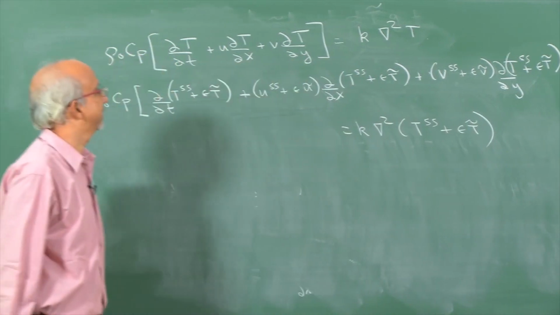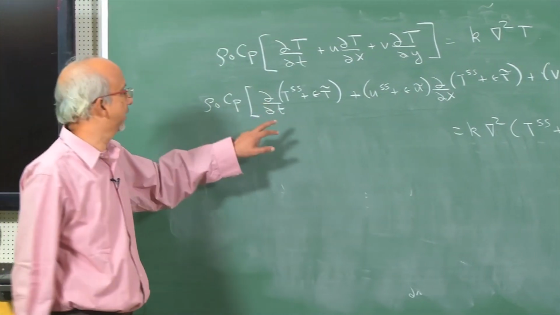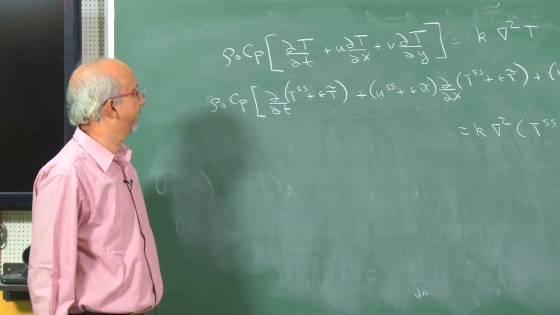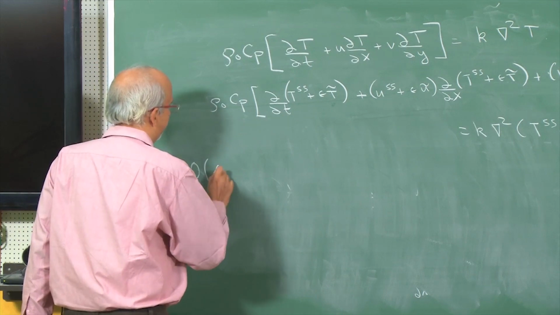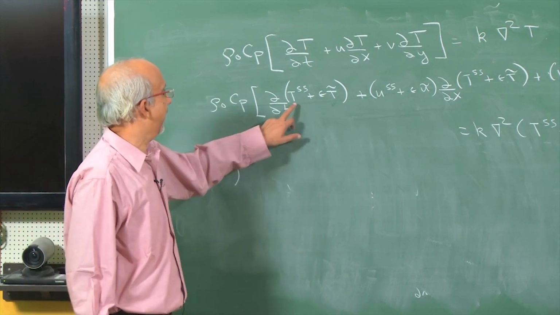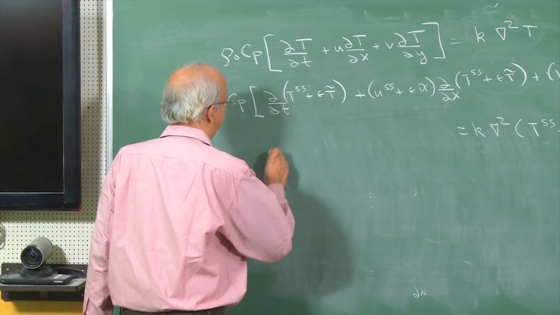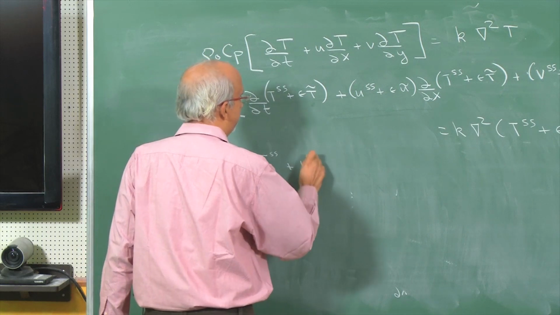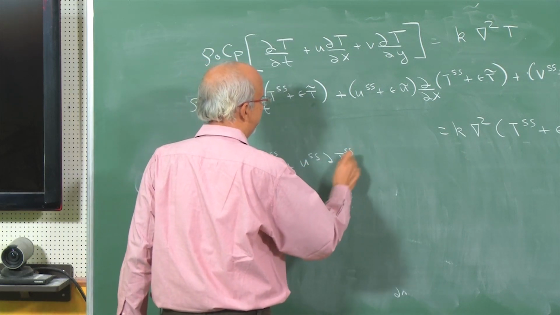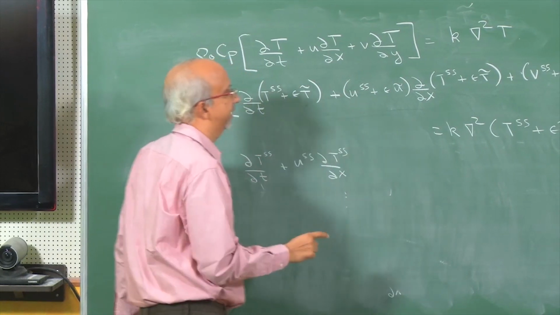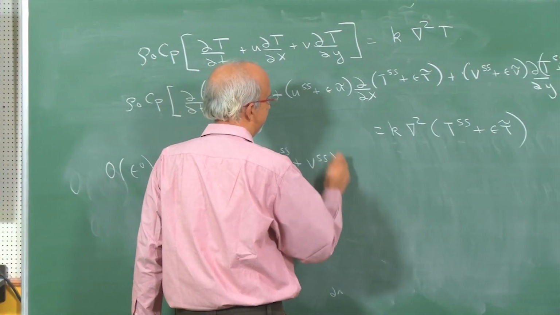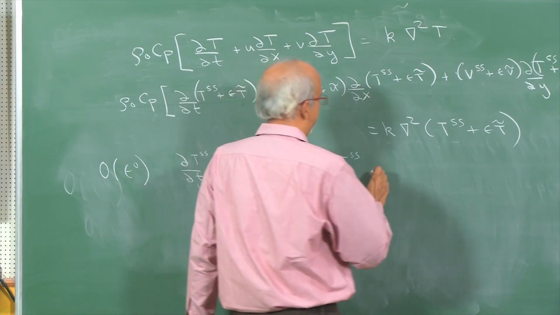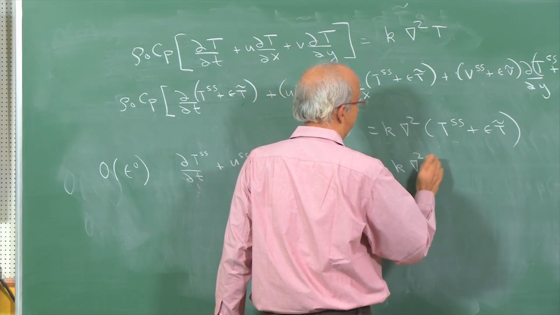So, what I have done is basically substituted for the variables in terms of the steady state and the perturbation, okay. And at order epsilon to the power 0, what do I have? I have dTSS by dt plus USS dTSS by dx on the left hand side plus VSS into dTSS by dy equals k del square TSS.